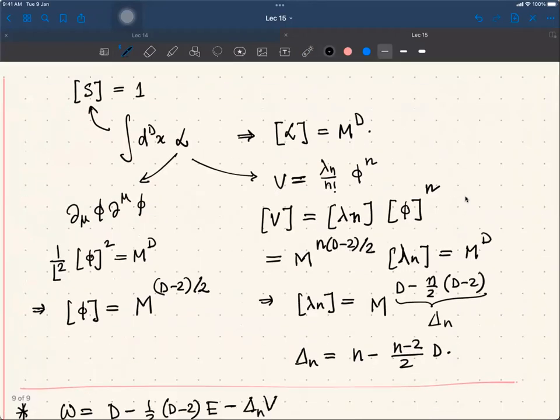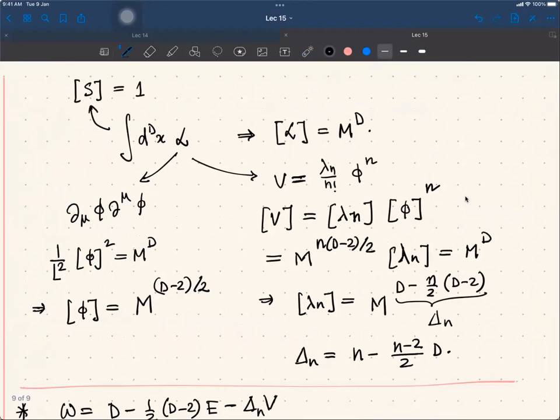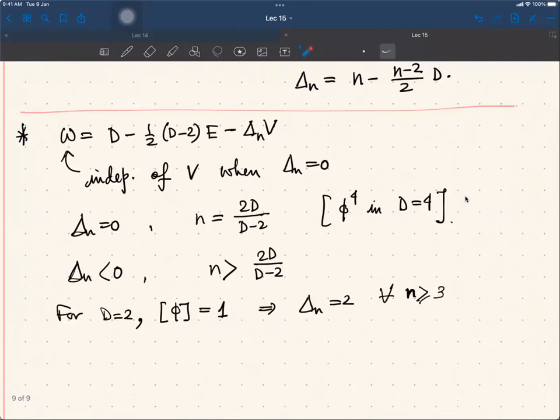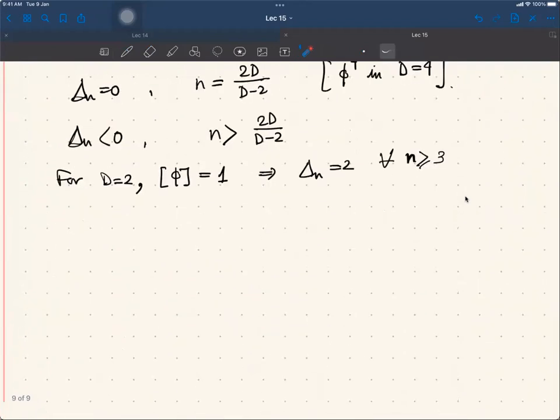So delta_n equal to 2 because it has to cancel the L square. So phi is dimensionless. It doesn't matter what n is here, 3, 4, 5, it doesn't contribute to the dimension. And the lambda_n should have mass dimension 2 to cancel the L square coming from the measure. So that's why we have delta_n equal to 2 for all values of n.